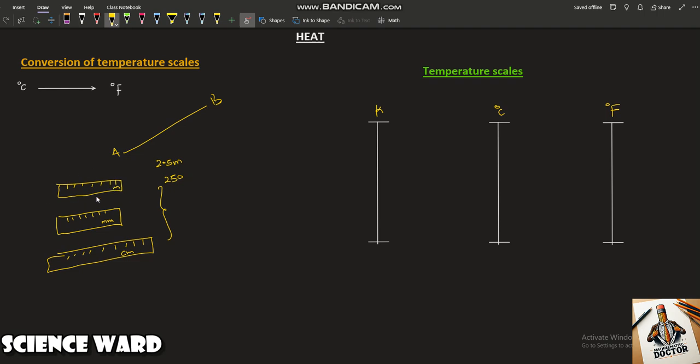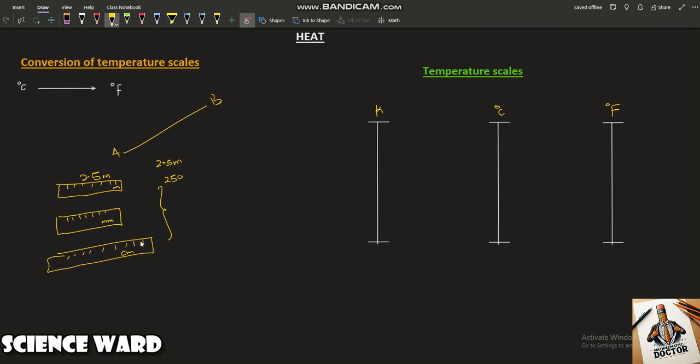If I use this ruler to measure this line from point A to point B and I obtain 2.5 meter, then if I use the millimeter ruler to check the length of this line, it is not going to be 2.5 meter.